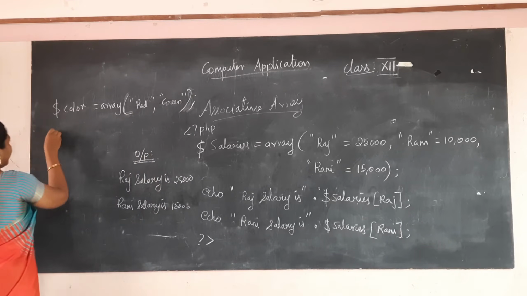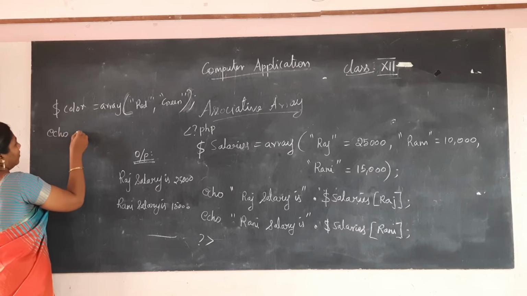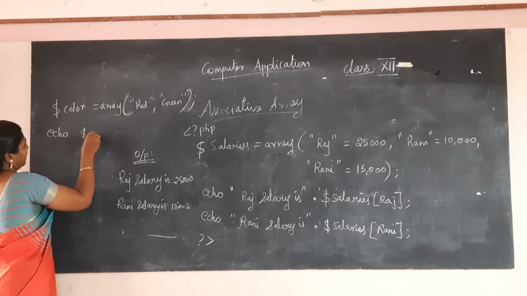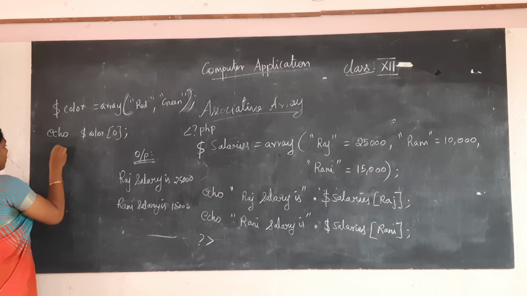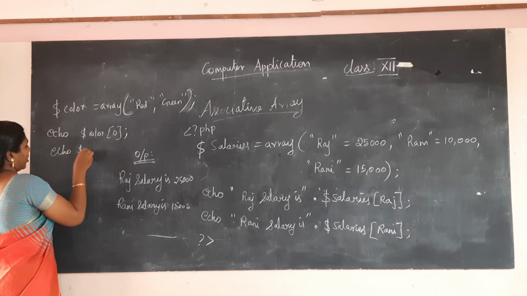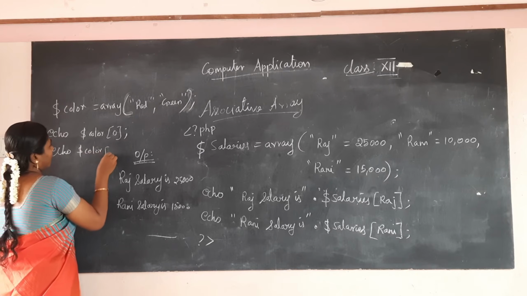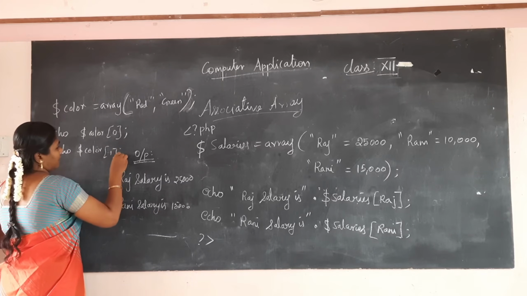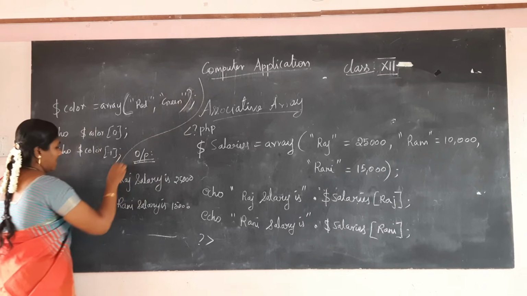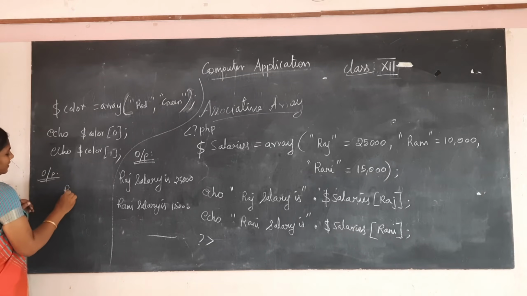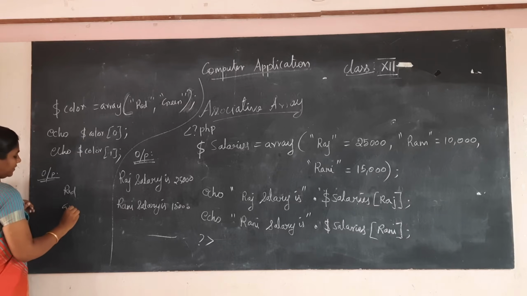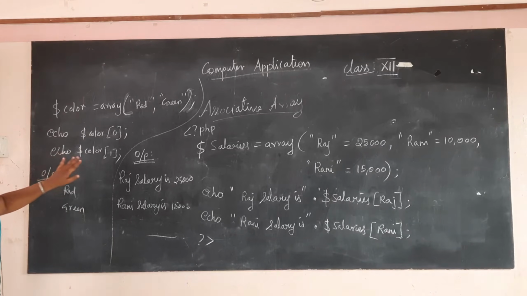If I am printing echo dollar color of 0 and echo dollar color of 1, then what will be my output? First one red, second one green. So this is the index array.